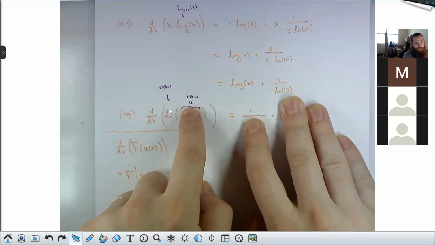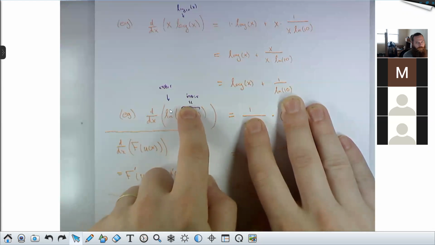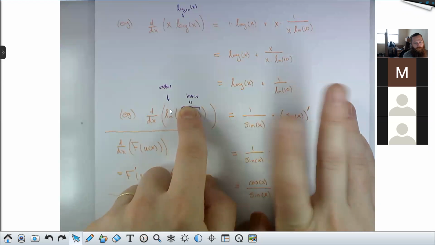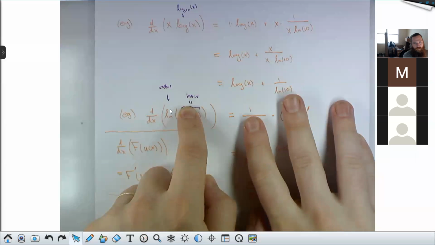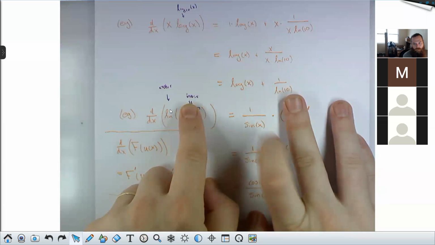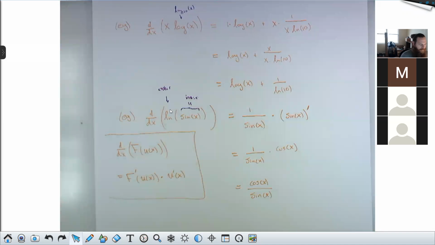So the derivative of the natural log of whatever's under my finger here is like 1 over whatever's under my finger here. But then we have to multiply by the derivative of the inside. So the derivative of natural log sine x should be like 1 over sine x. That's the derivative of the outer. But then by the chain rule, I have to multiply by the derivative of the inner function. Okay, yeah, that makes sense now.